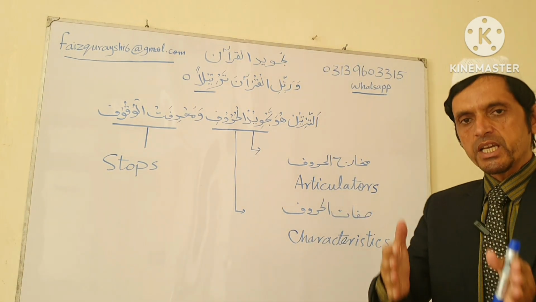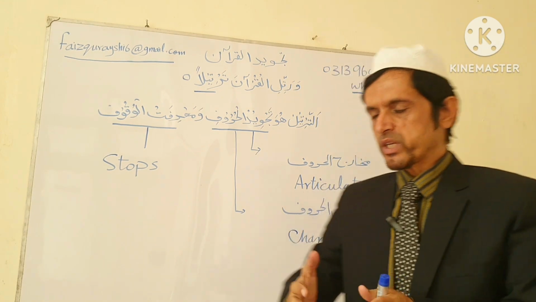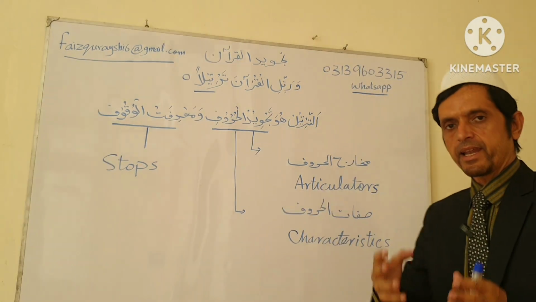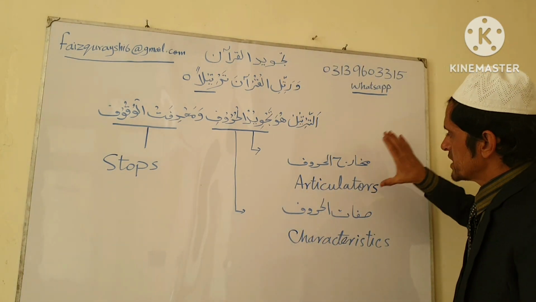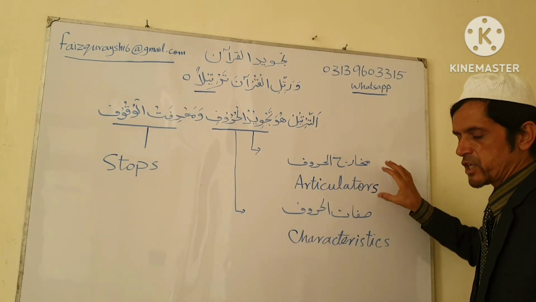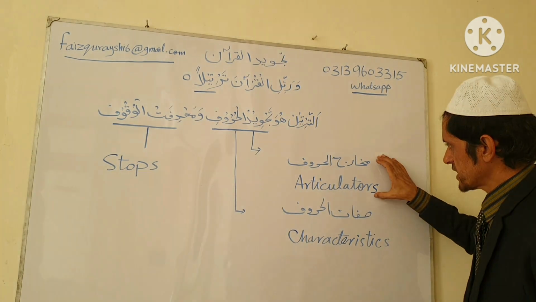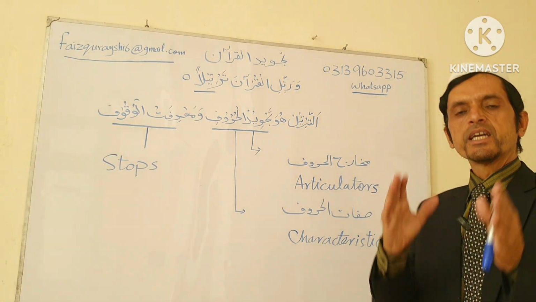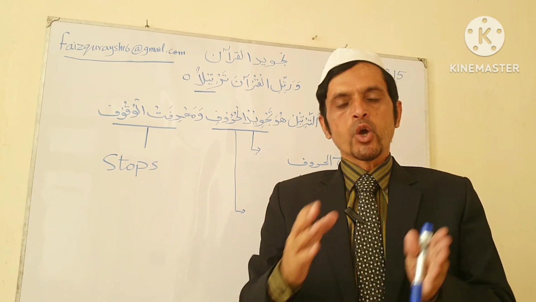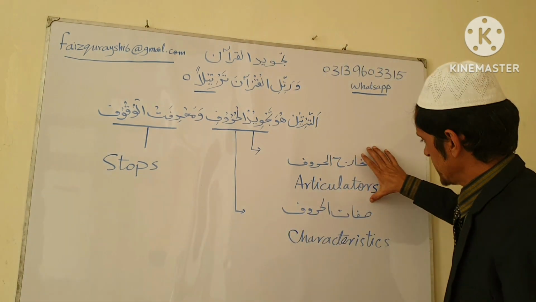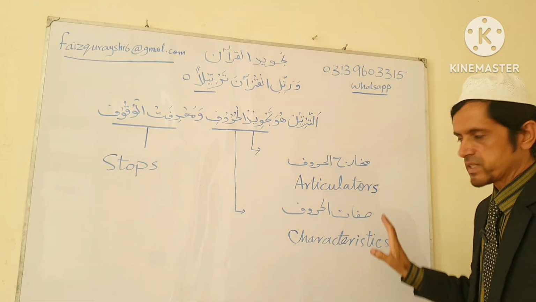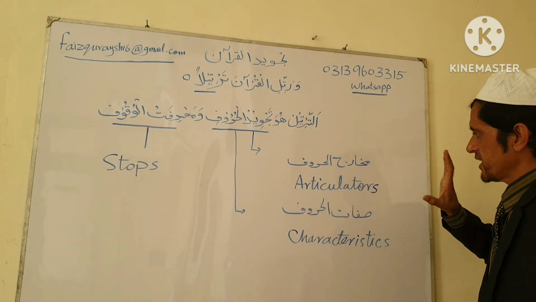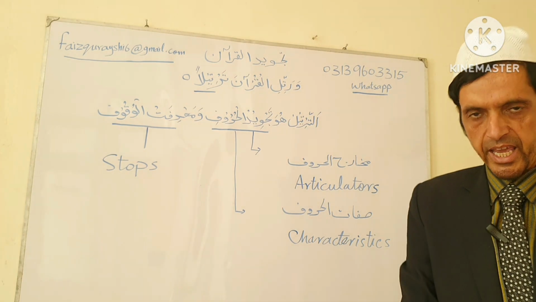We have 29 letters in the Arabic language, and we have 17 articulation points or articulators for these 29 letters.